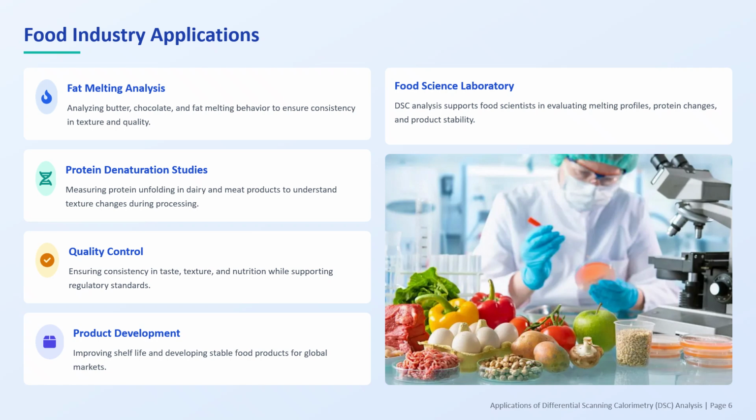From quality control to product development, DSC ensures consistency across batches and supports compliance with food safety standards. Behind every stable food product is a carefully controlled thermal profile, and DSC helps define it.